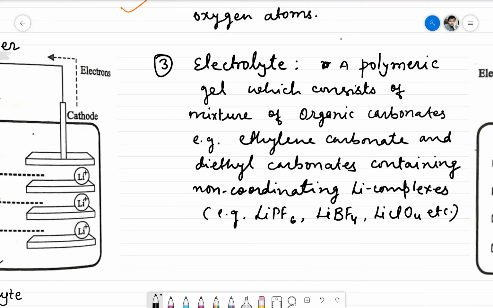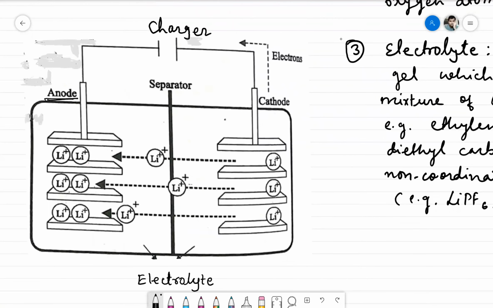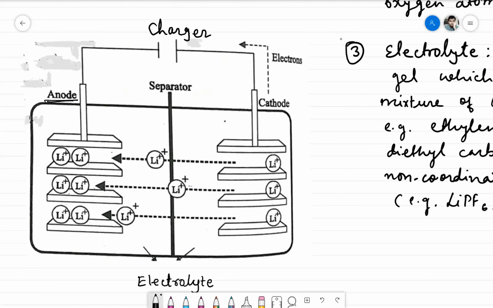Okay, so now we will have a look at the working of the lithium ion battery. I hope it is clear what the structure of a lithium ion battery is. It consists of three main components: anode, cathode, and electrolyte. The anode is made of graphite, a layered carbon compound consisting of layers of graphene.